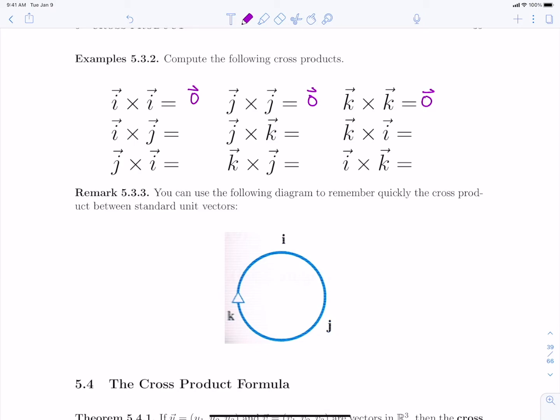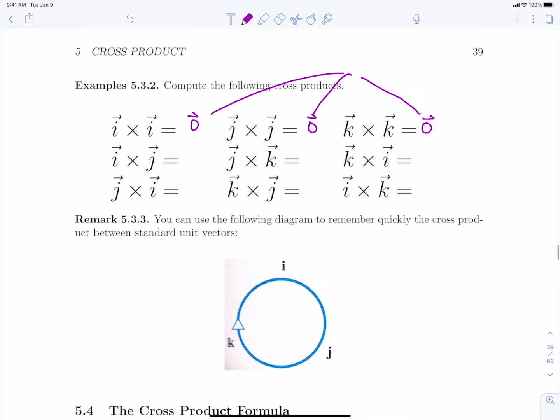And that's because you have to recall that in these cases, the parallelogram has area of 0. And that's what was going on there.